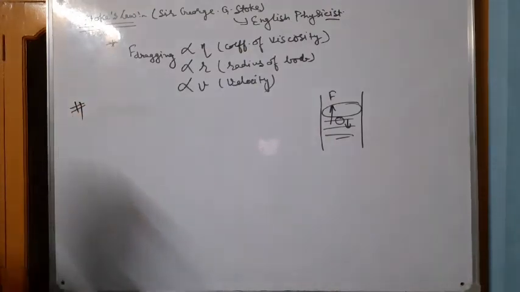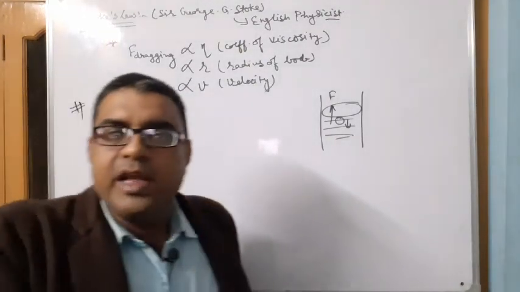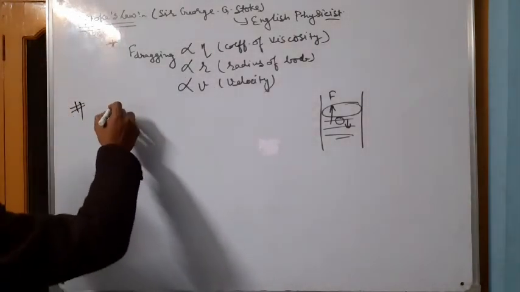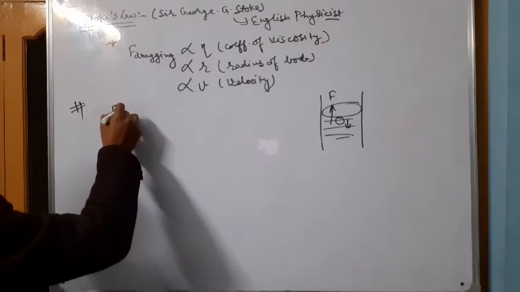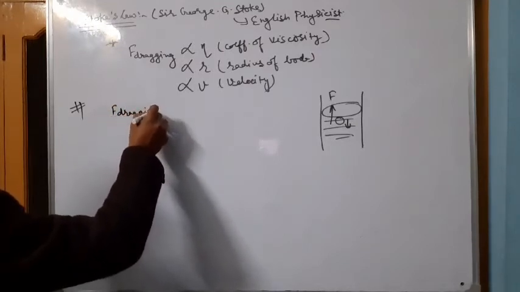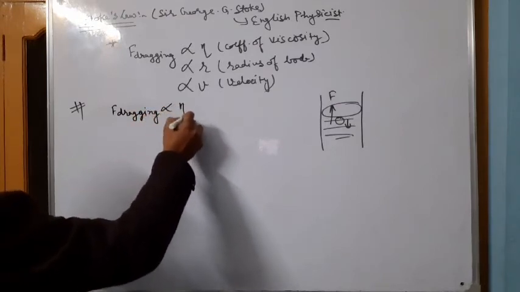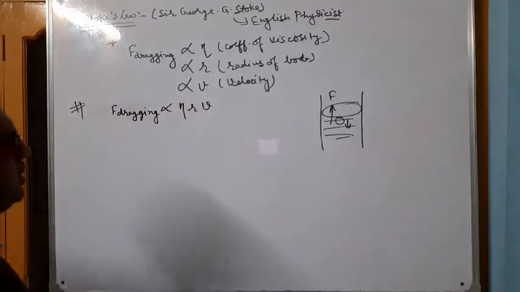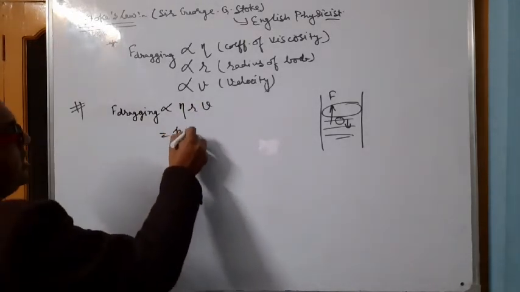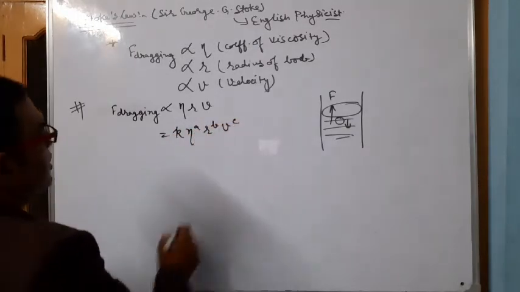This dragging force can be calculated similarly on the basis of dimensional analysis, and here we can say that F dragging is directly eta r v, and it is equal to k eta to the power a, r to the power b, and v to the power c.